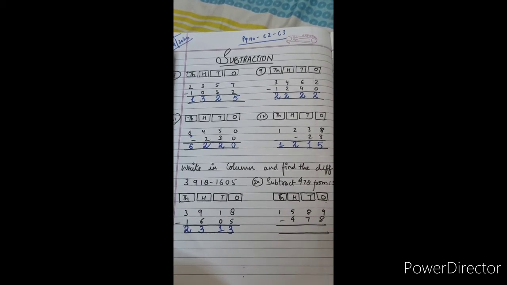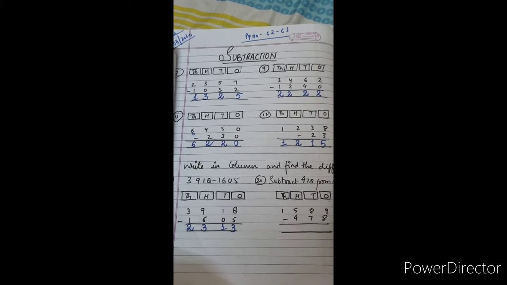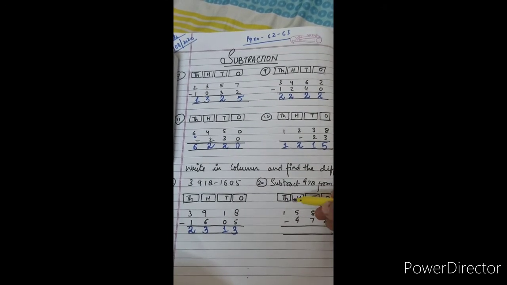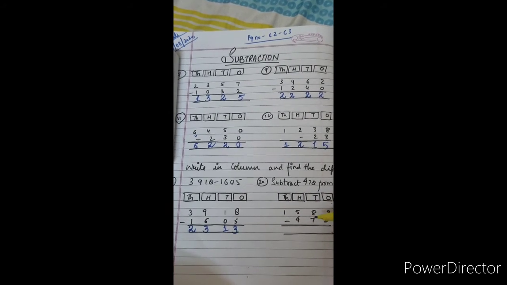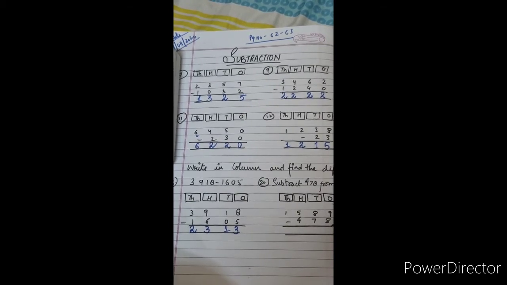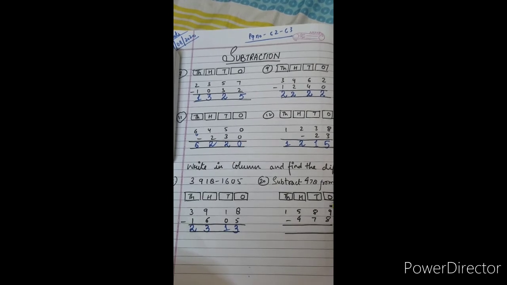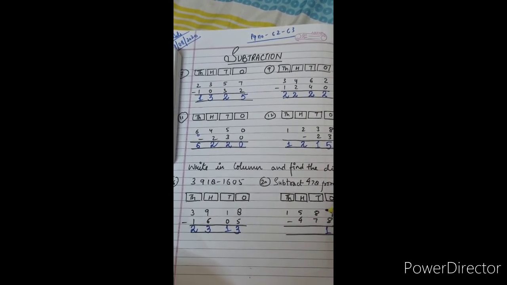Subtract 478 from 1589. So O stands for ones, T stands for tens, H stands for hundreds, and TH stands for thousands. So 1589 minus 478. Now subtracting ones from ones. So we want to subtract 8 from 9. So 9 minus 8 is 1.